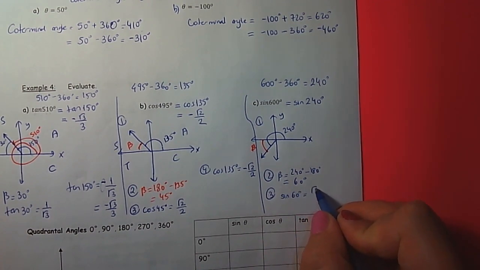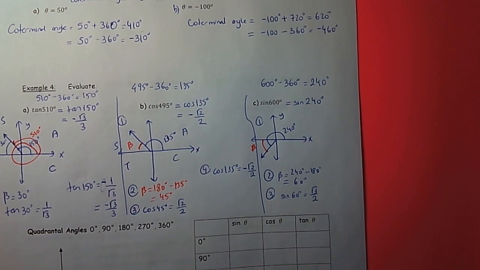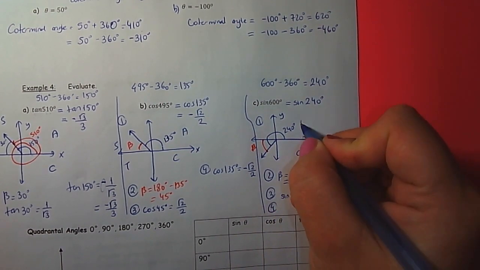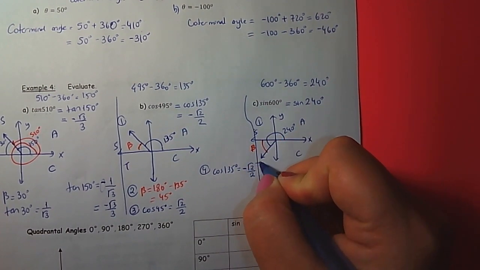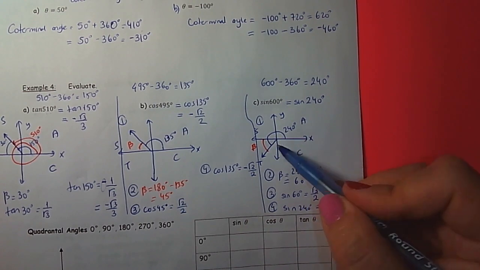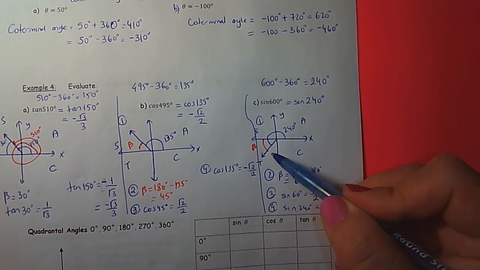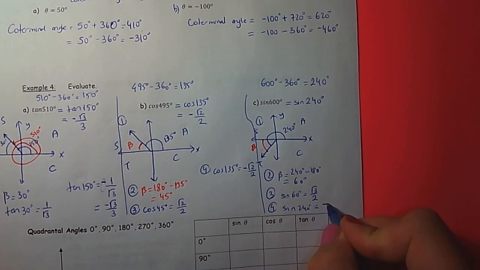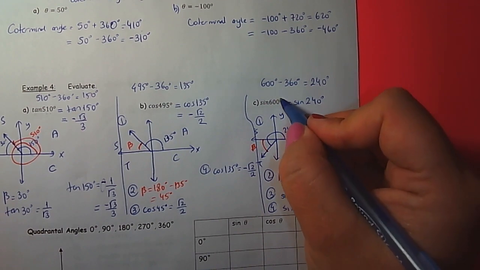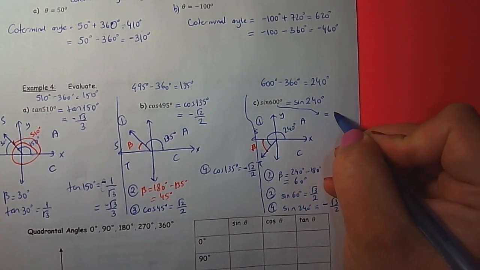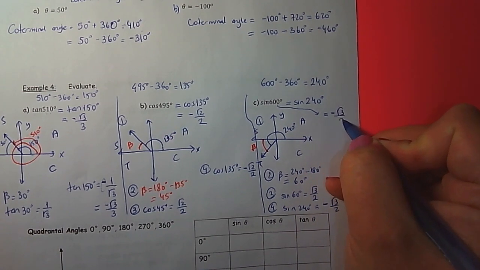Sine 60 is root 3 over 2. And use CAST to write the ratio for sine 240. In quadrant 3, tangent is positive, so sine must be negative. So sine 240 equals negative root 3 over 2. Therefore, sine 600 is also negative root 3 over 2.